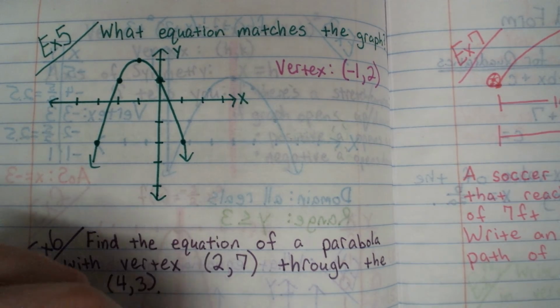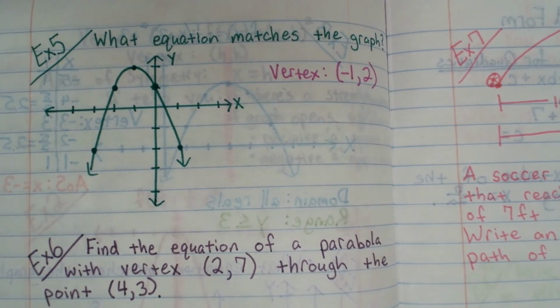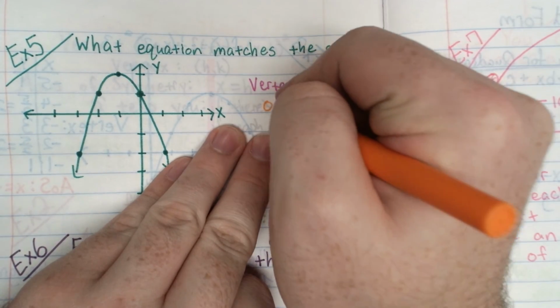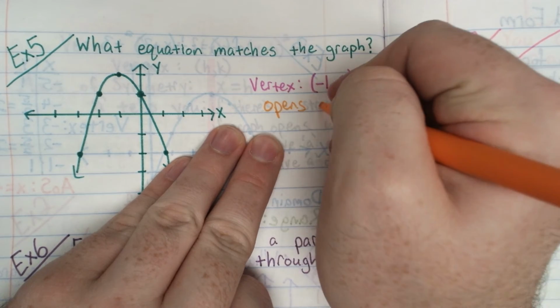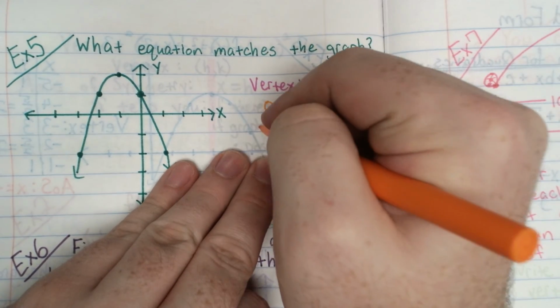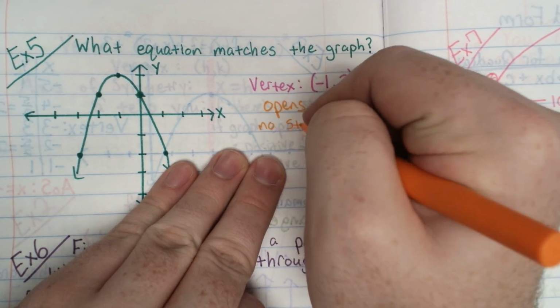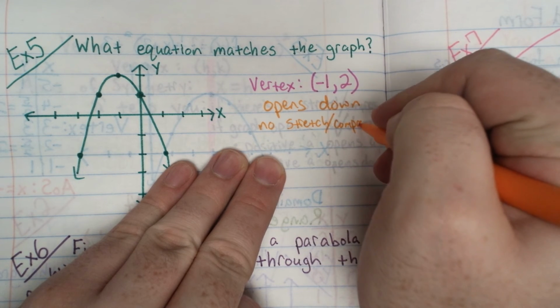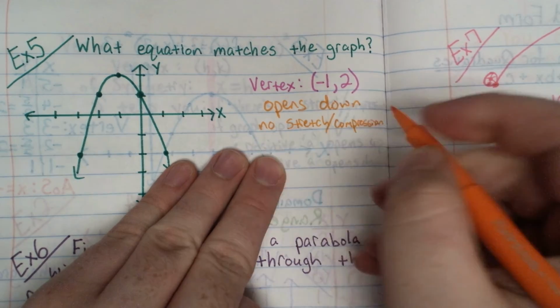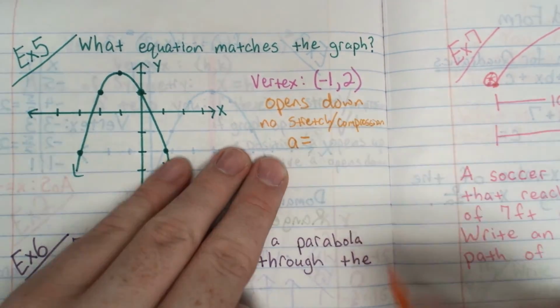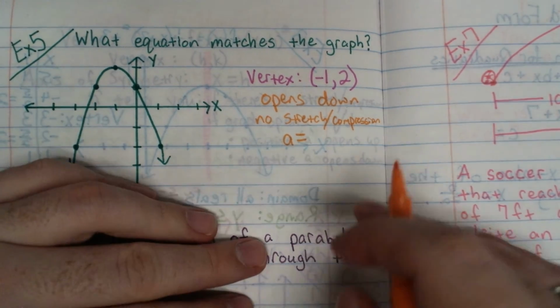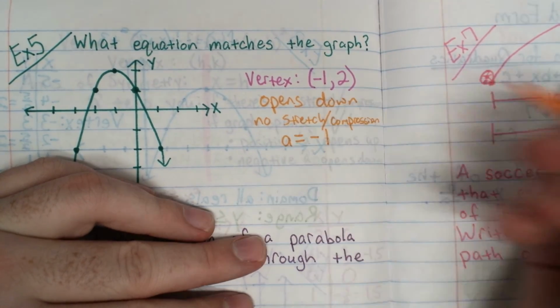So typically, it opens down in this case. And there is no stretch or compression. So that tells me that A is going to be negative because it opens down. And since there's no stretch or compression, it's just going to be a -1.